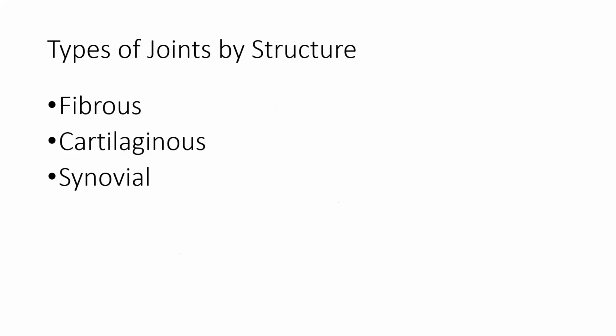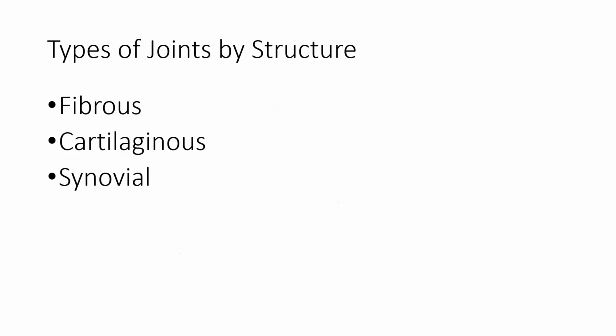And so all of our fingers, all of our toes, our elbow joint, our knee joint, our hip joint, our shoulder joint, are all going to be synovial joints, diarthrotic joints, freely movable joints, lubricated so there is no friction when we move.